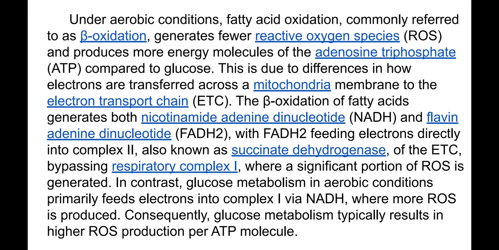In contrast, glucose metabolism in aerobic condition primarily feeds electrons into complex 1 via nicotinamide adenine dinucleotide, where more reactive oxygen species is produced. Consequently, glucose metabolism results in higher reactive oxygen species production per molecule of adenosine triphosphate.